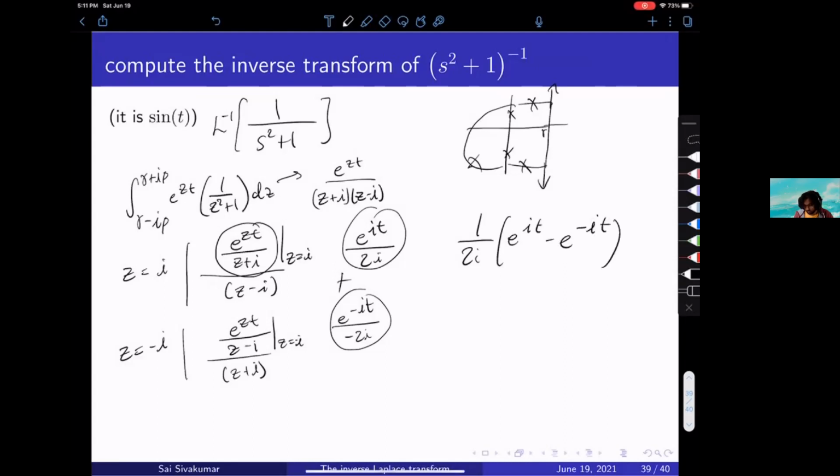For those who've seen this before, this is just the limit of z minus i times the function, the same thing.